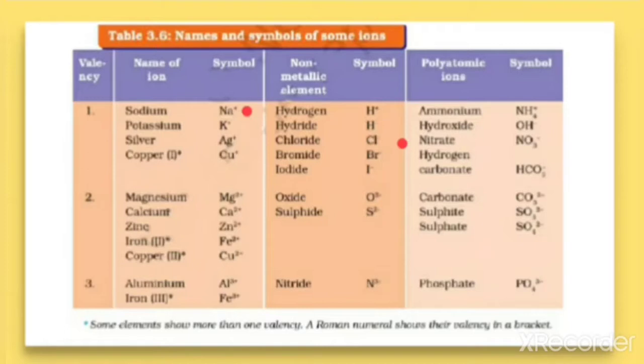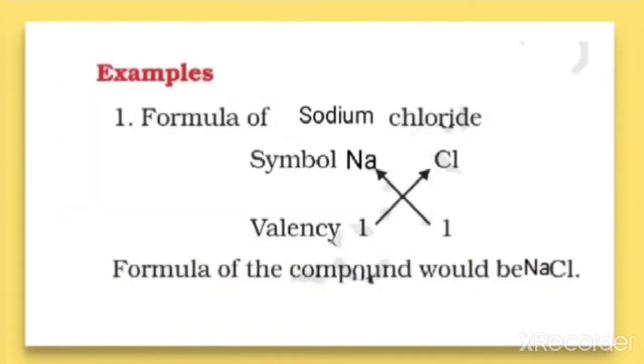And for chlorine, 1. Since chlorine is named chloride in the case of ions, just write down the valency: for sodium it is 1, for chlorine it is 1. How did we get this value? With the help of the table given in the textbook.